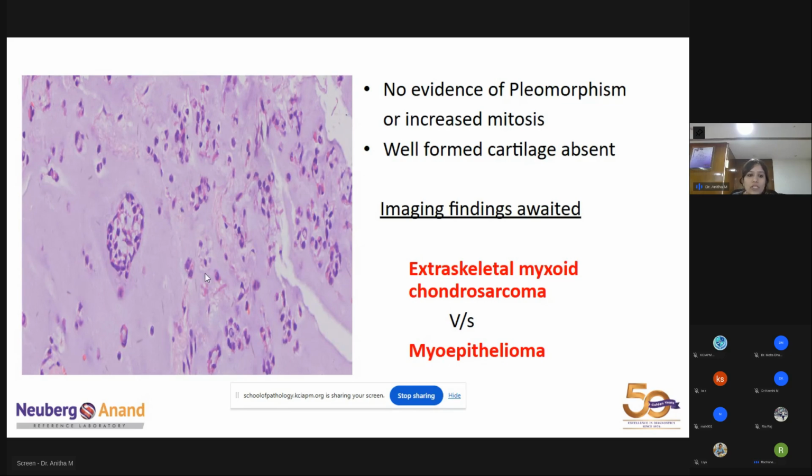What is most important in this case is that the tumor cells showed no evidence of pleomorphism, nor was increased mitosis noted. One point I would like to highlight is that we did not see any area of well-formed cartilage. With our clinical and morphological findings, and imaging findings awaited, we had a differential of extraskeletal myxoid chondrosarcoma versus myoepithelioma.